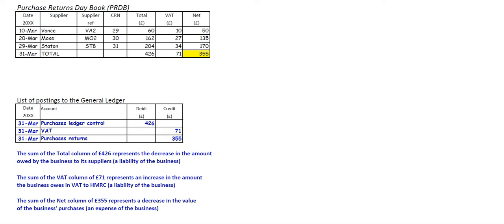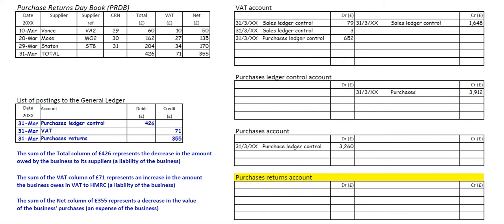So let's now bring up the different accounts that we'll be recording information into. So we'll be recording the VAT account, the purchase ledger control account. We won't be putting anything into the purchases account.